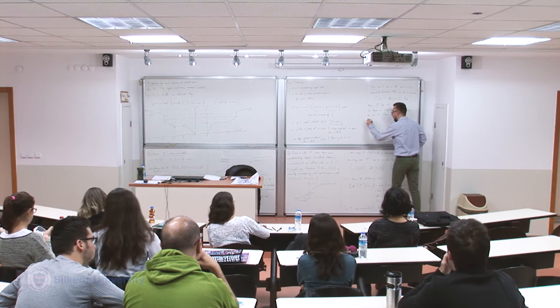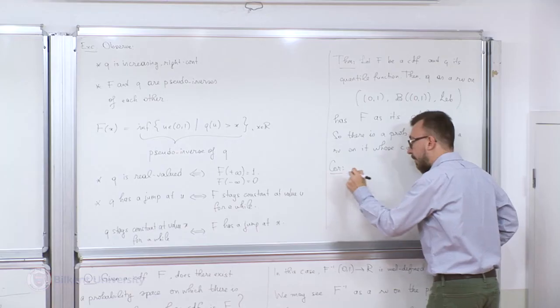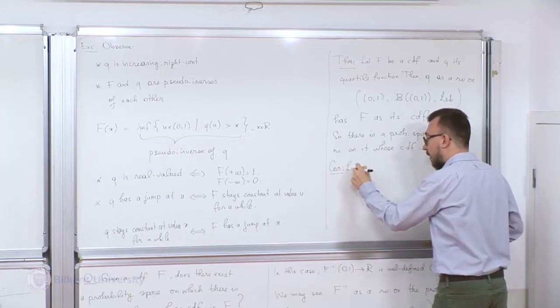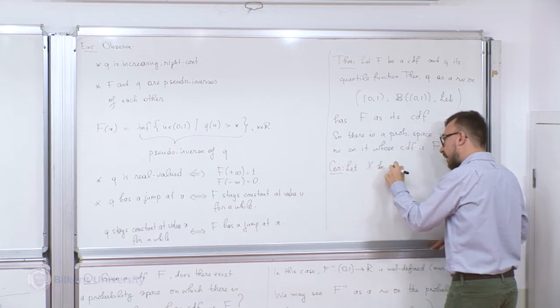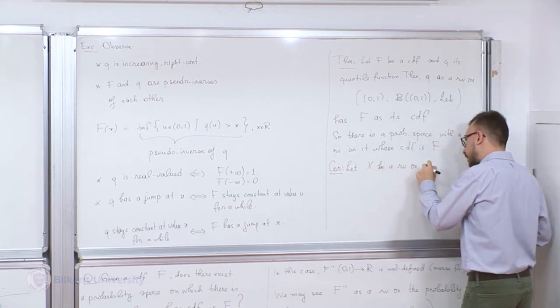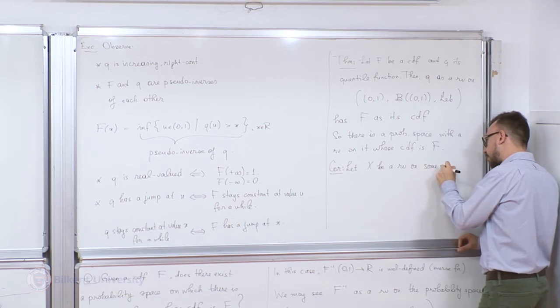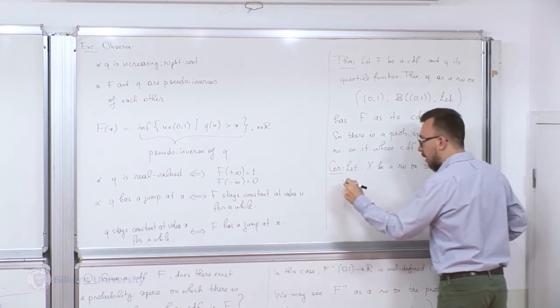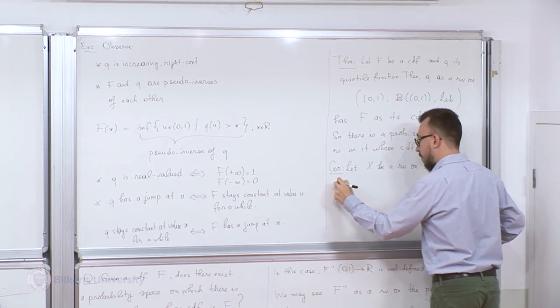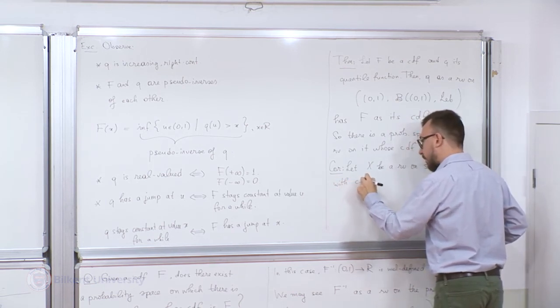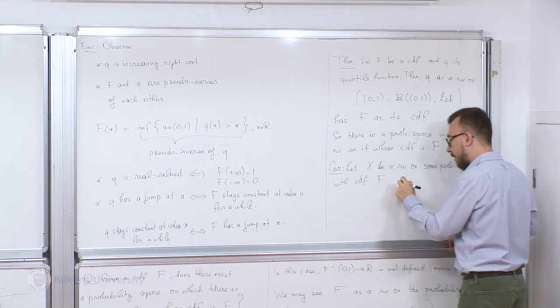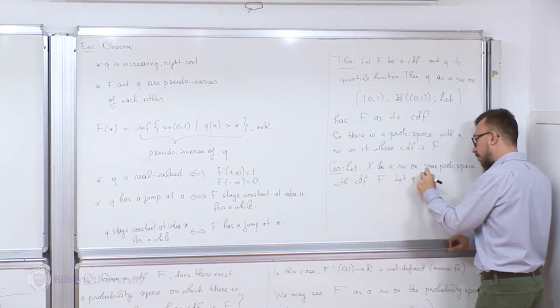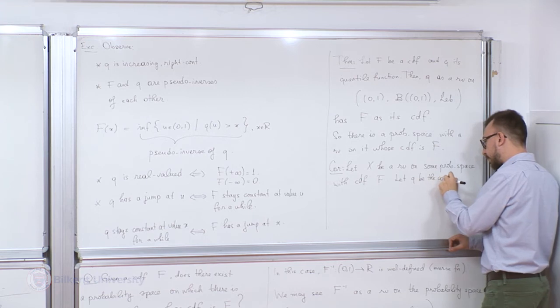Okay, let's first give a corollary. So let X be a random variable on some probability space with cumulative distribution function F, and let Q be the corresponding quantile.